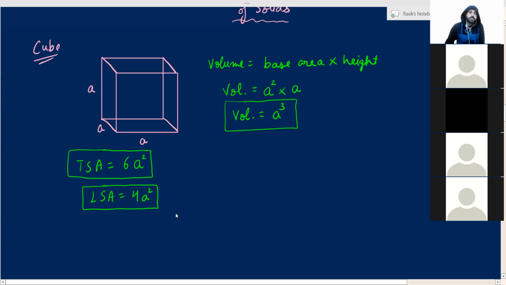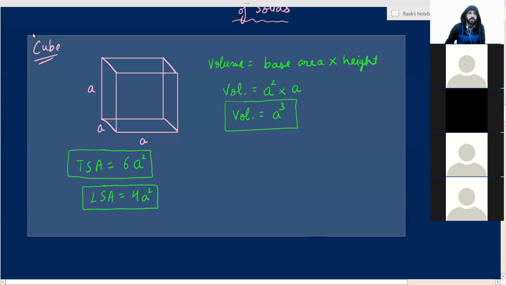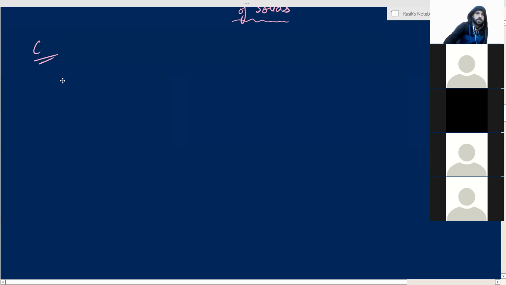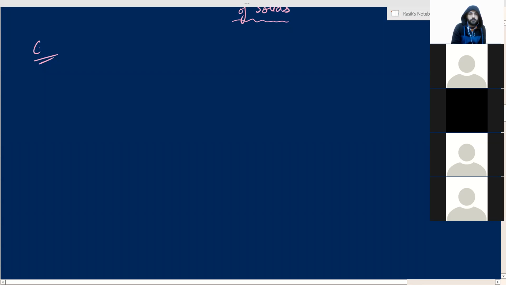Okay, let's do it for cylinder. Write down the heading cylinder.